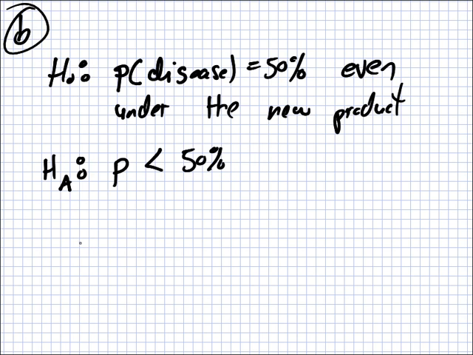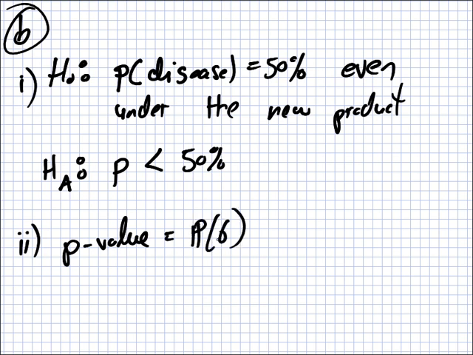Okay. Right, part 2. So we have to carry out a one-tail test. We have to calculate our p-value. How many got the disease? 6. So we have to calculate the probability that 6 of them get the disease, or more extreme. What's more extreme? 5, 4, 3, 2, 1, 0.